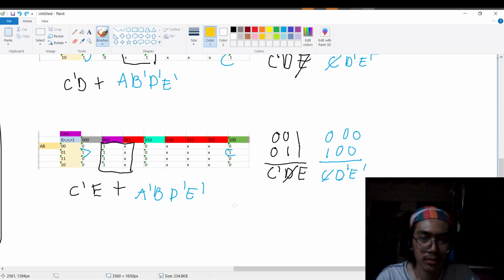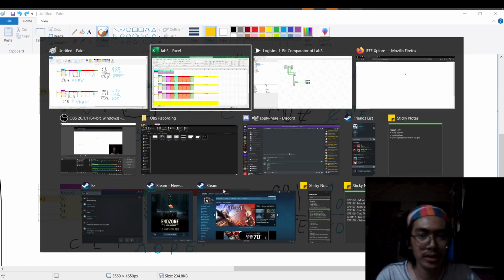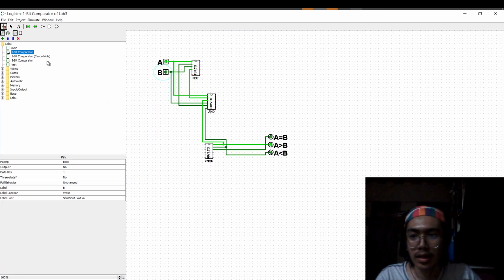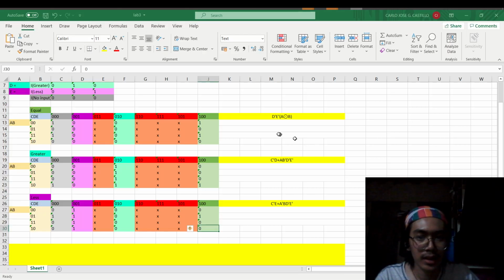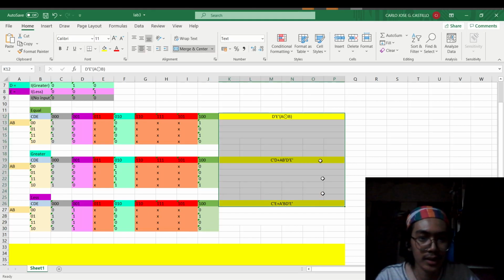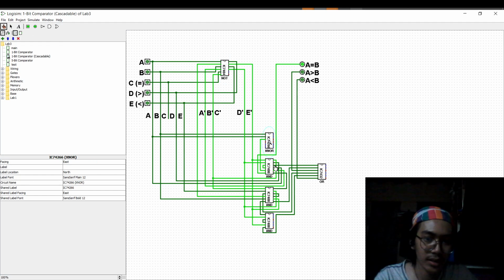And now we just convert this into a circuit, a Logisim circuit. Looking at right here, this is the Logisim counterpart of these three formulas right here. As you can see, I use the NOT gate, XNOR gate, AND gate.